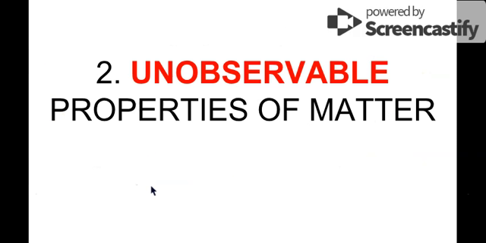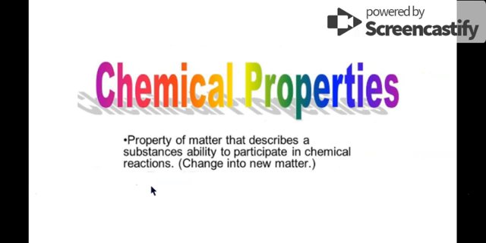Let's go to the second property of matter, which is the unobservable properties of matter. The unobservable properties of matter are called the chemical properties of matter. This is the property of matter that describes a substance's ability to participate in a chemical reaction.